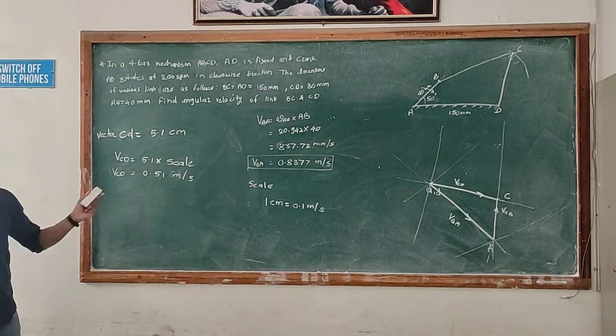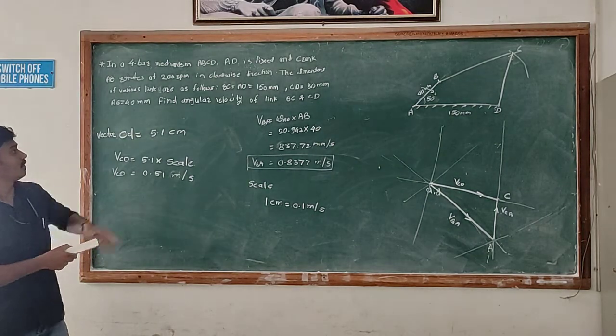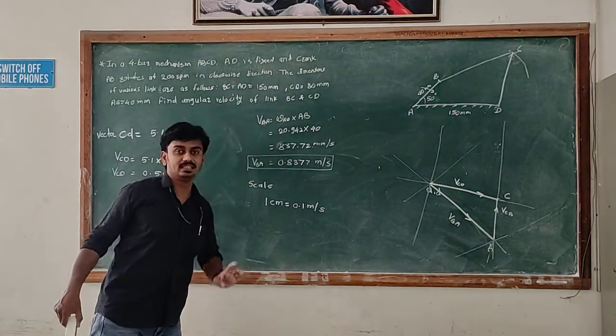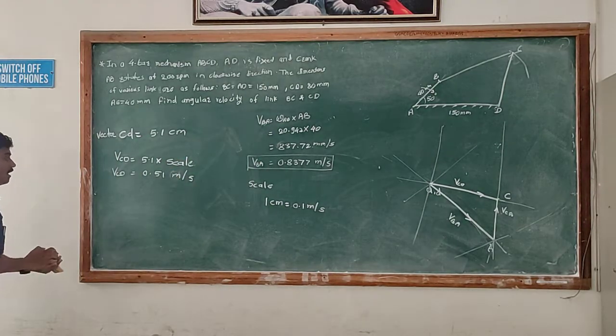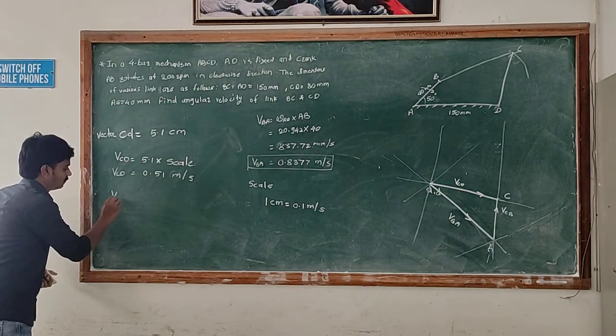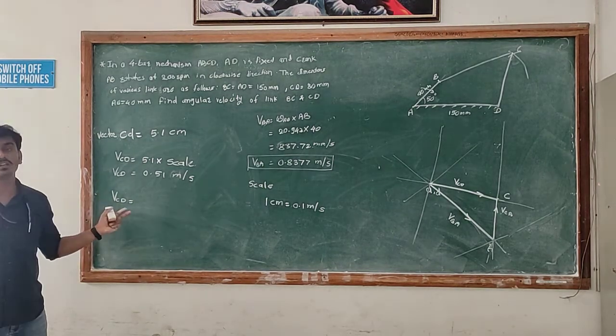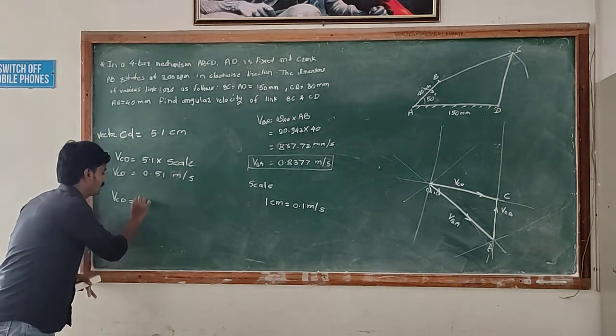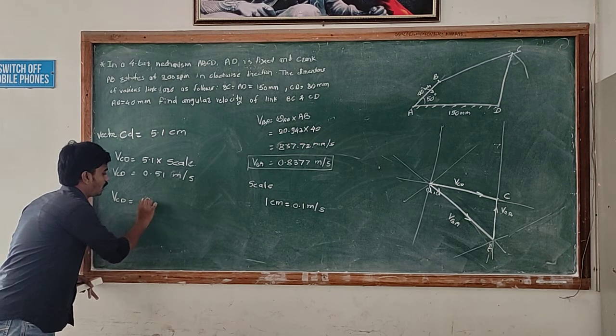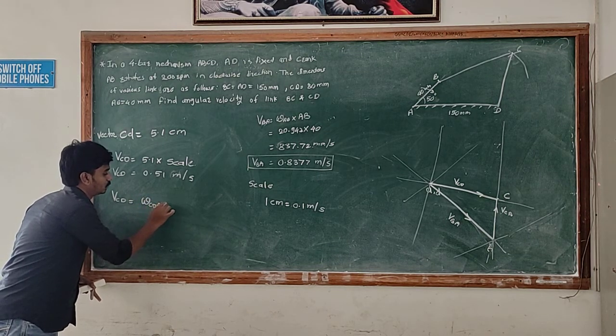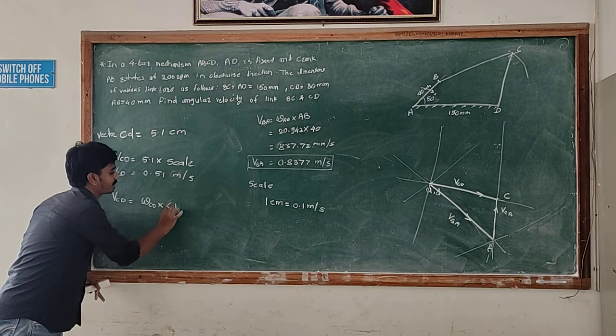Now they ask here, find the angular velocity of the link CD. The formula for linear velocity is omega of CD into distance CD.